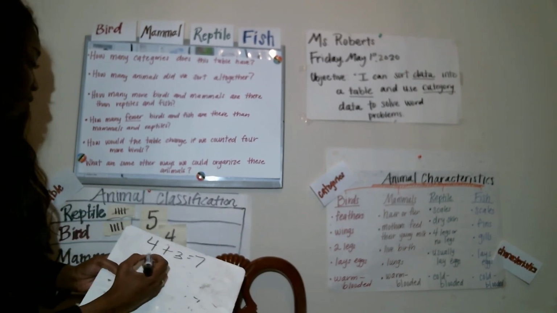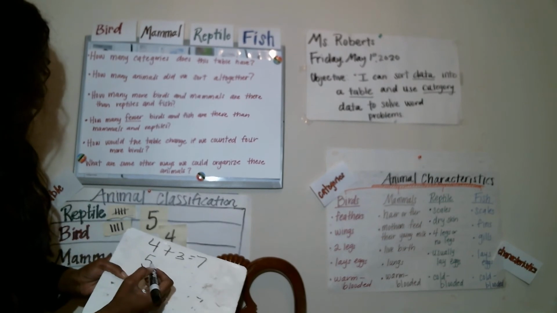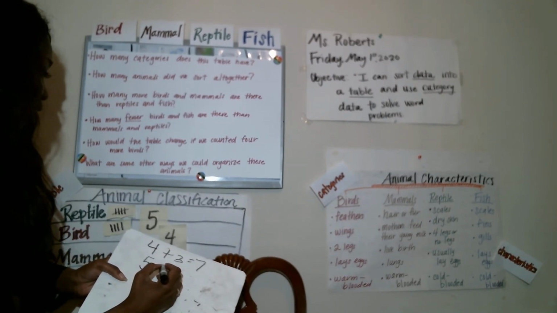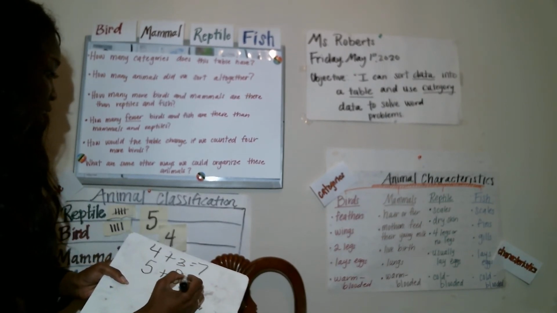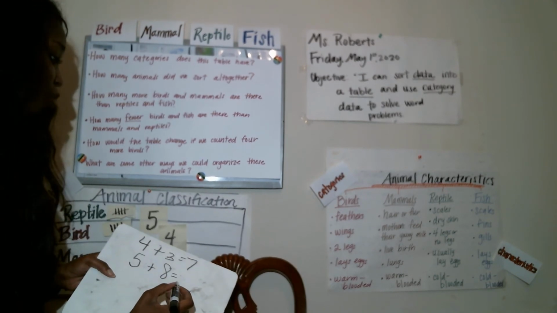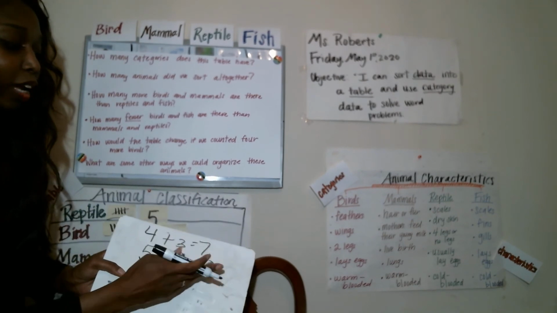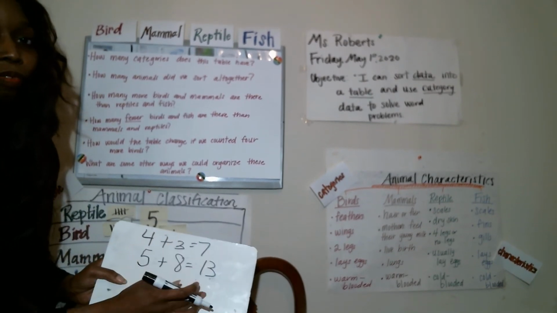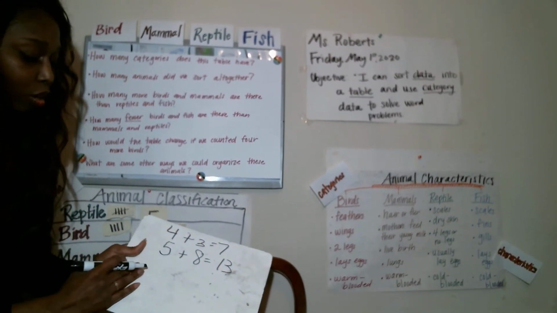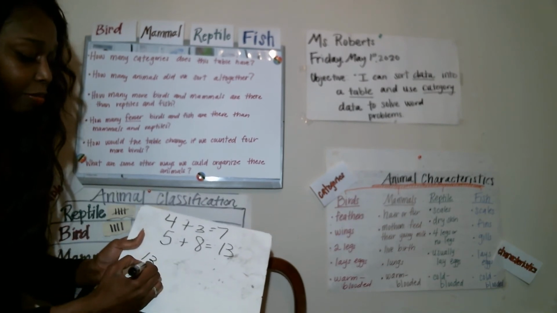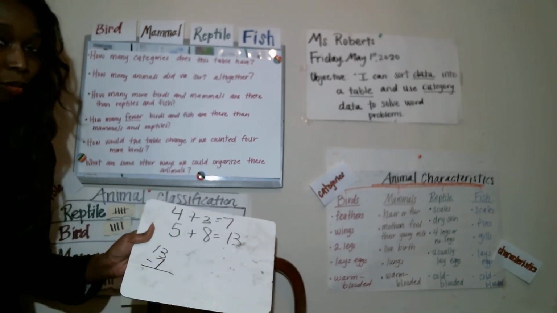And then we have 5 reptiles and 8 mammals, which make 13. But we can't take away 7 from 13. So we're going to rearrange them, and now we can do so.